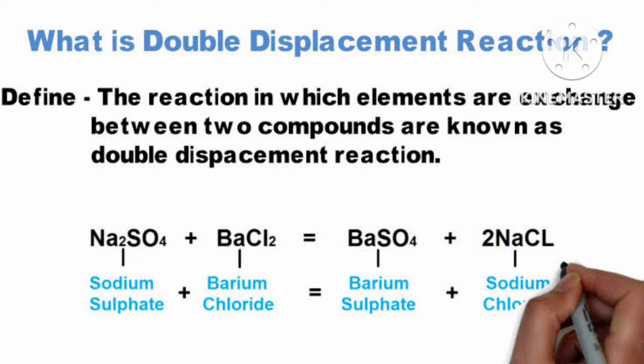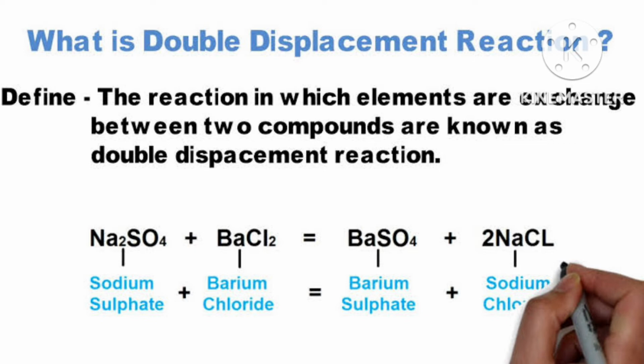Here what happens actually is that some element, maybe a metal, any metal, maybe oxygen, hydrogen, phosphorus, sulfur, chlorine, will convert after the reaction into products.